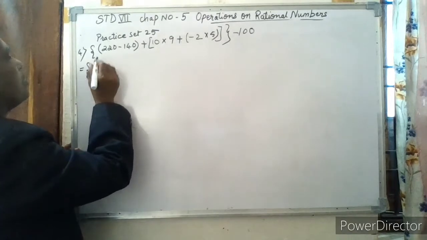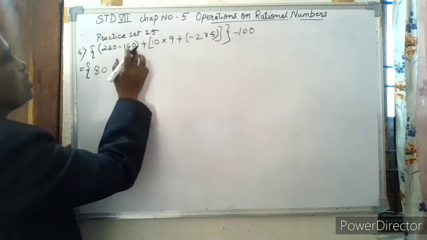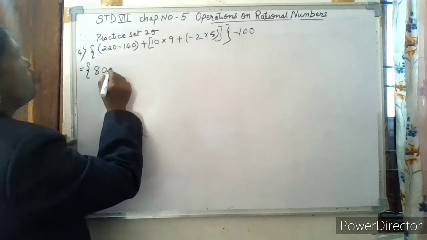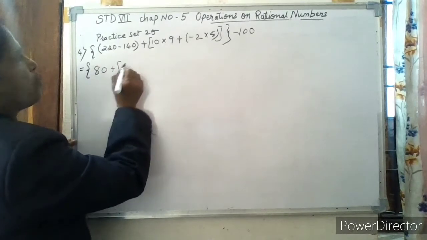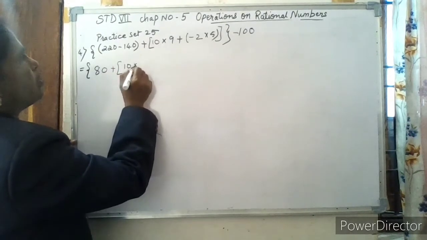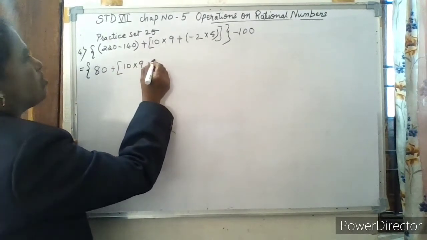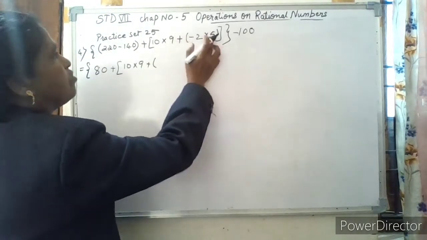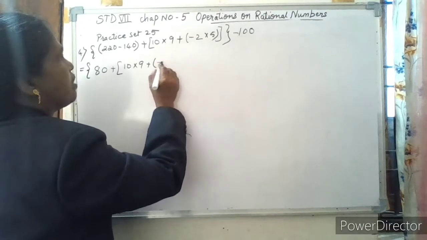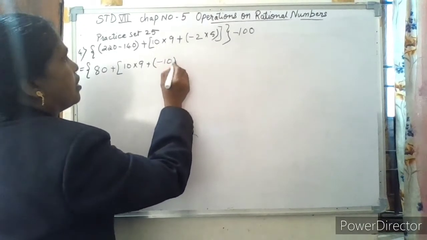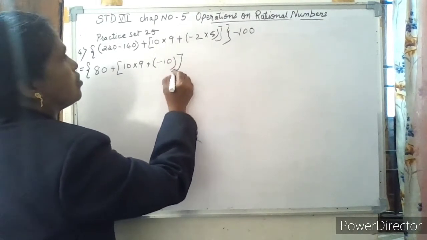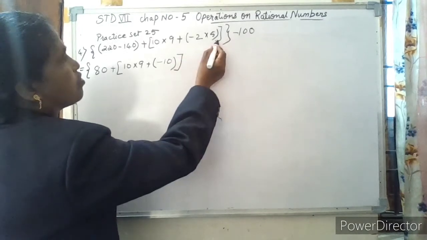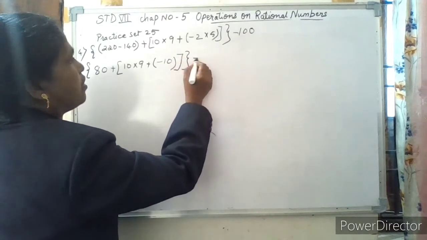So 80 is the solution. The round bracket is gone. So write the remaining square bracket: 10 multiply by 9 plus, solve this round bracket, plus into minus into plus is minus, 2 5s are 10. Close it. Close the square bracket. Close the brace bracket, minus 100.